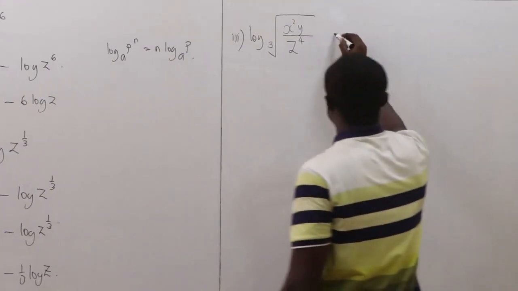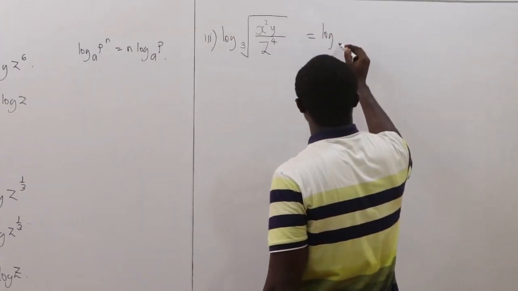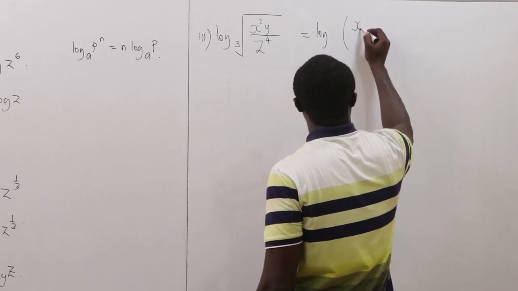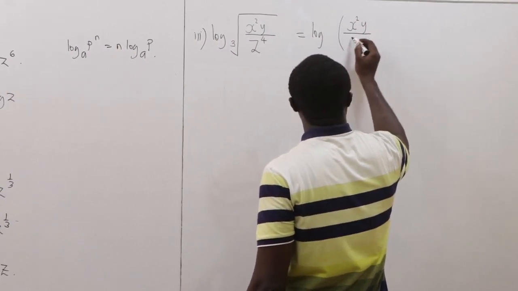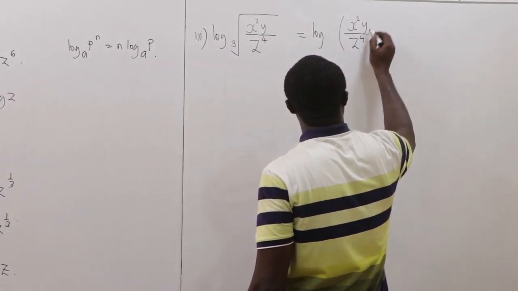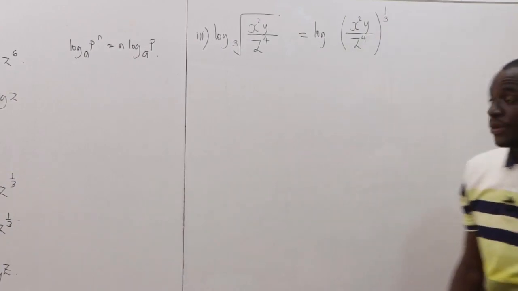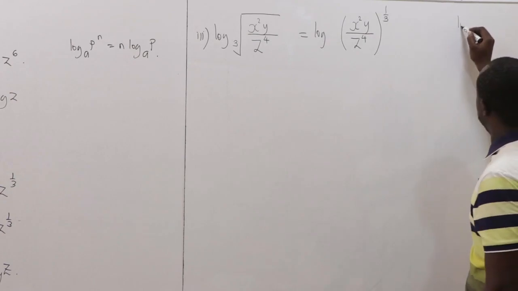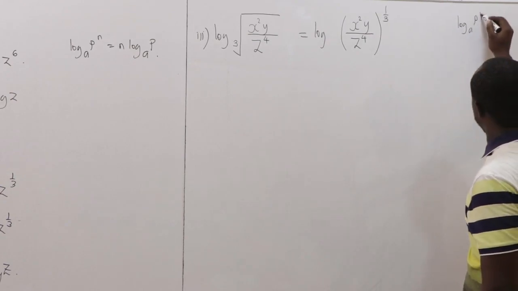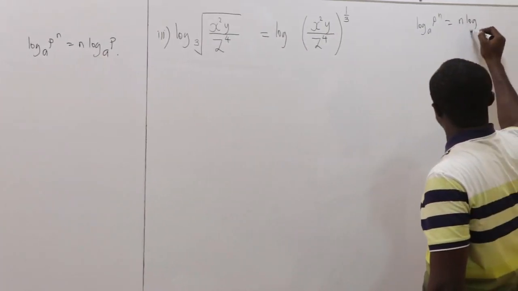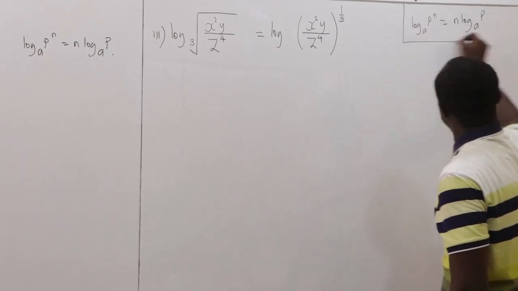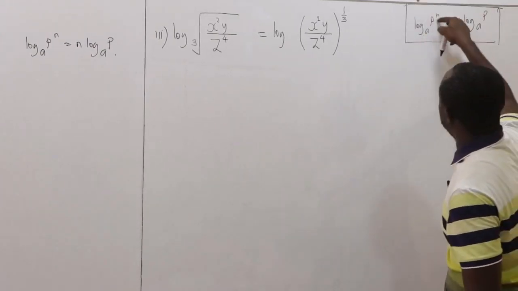Now this is just the same as log of x squared y all over z to the power 4, all to the power 1 over 3. And this is just another form of log a p to the n, which is the same as n log a p. So in this case, our n is 1 over 3.